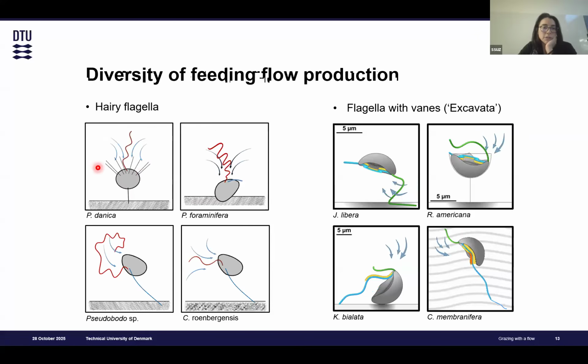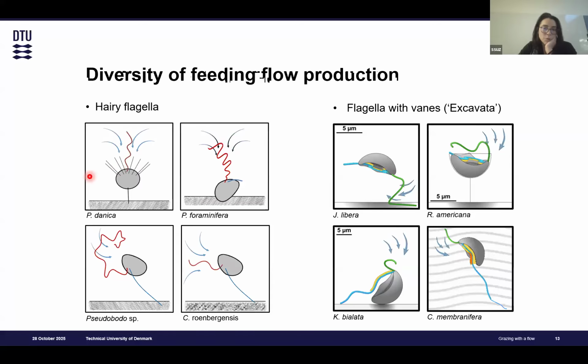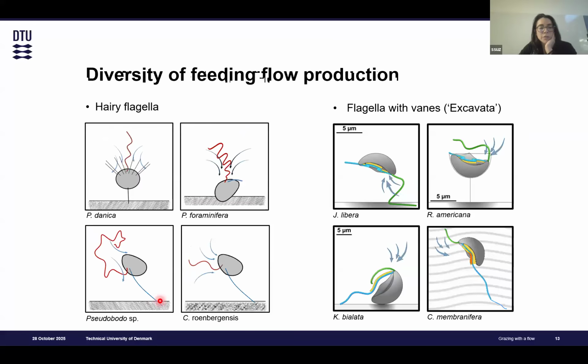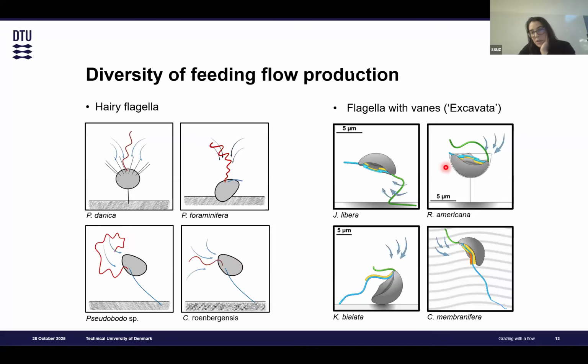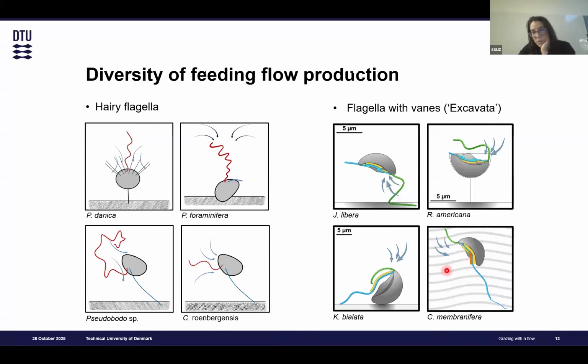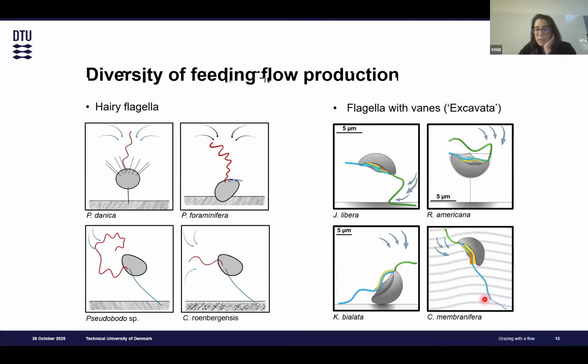So here you have the hairy flagella group, with this organism that attaches to the surface with one posterior flagellum, and the anterior flagellum curls around forwards to generate this flow, which is indicated by the moving arrows. On the other side, you have the flagella equipped with veins, from the excavata group, the typical excavates.